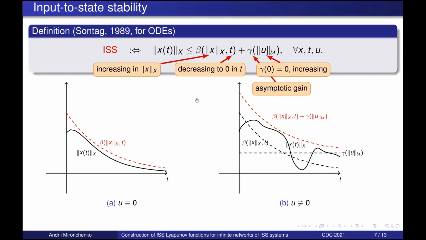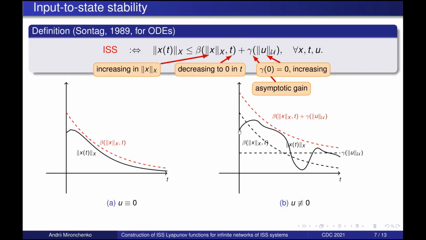Now we define the main stability notion for this talk. We say that a system is ISS, or input-to-state stable, if the norm of the trajectory can be upper bounded as a sum of two functions: a beta function of class KL, describing the transient behavior, and a K-infinity function gamma, describing the influence of external inputs.